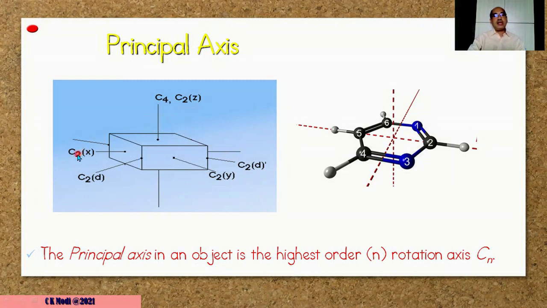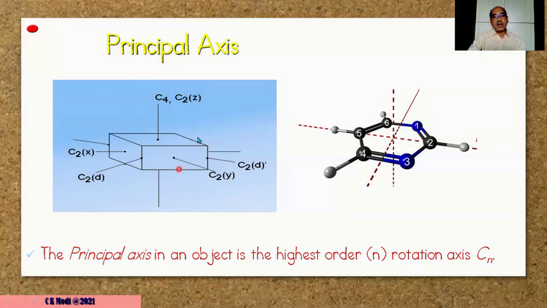Same way, a number of C2s are also present. There are 4 C2s. So in this square planar molecule, not only one C4 is there, but it also has 4 C2 axes. These are called subsidiary axes. Now, principal axis.